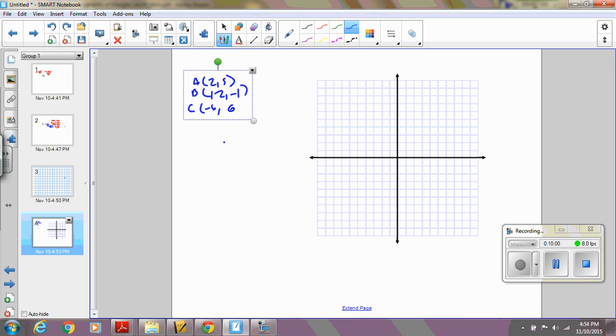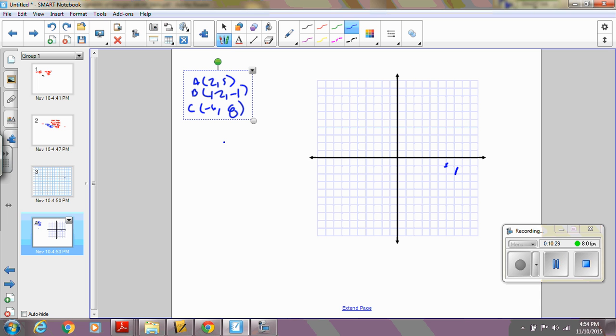Alright. So I'm probably going to have to go by twos because I don't have 12 singles on here. So 2, 4, 6, 8, 10, 12. I'm going the wrong direction. 2, 4, 6, 8, 10, 12, and negative 1 would be here.